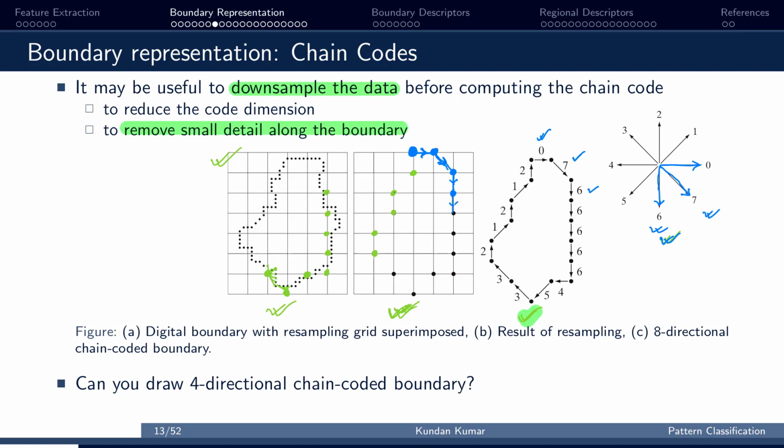Similarly, we traverse all the grid points clockwise, and we stop when we get back to our first, top left most grid point. In this way, we have the encoded boundary representation of this object.